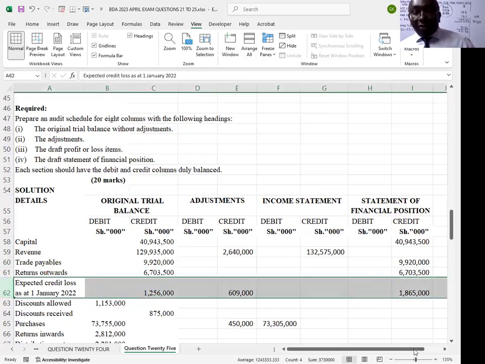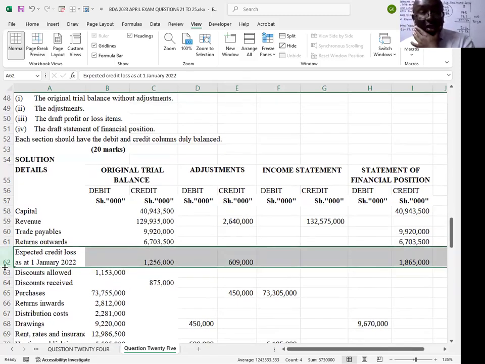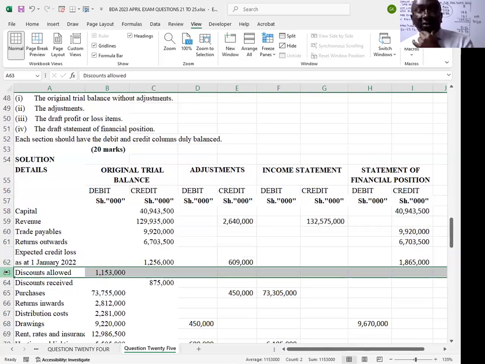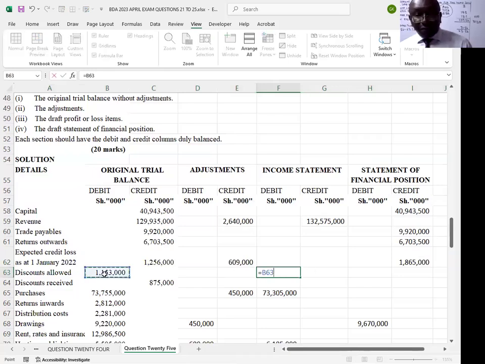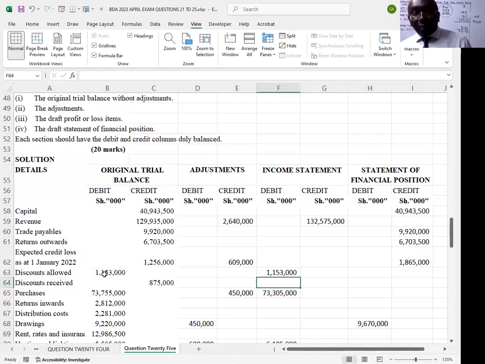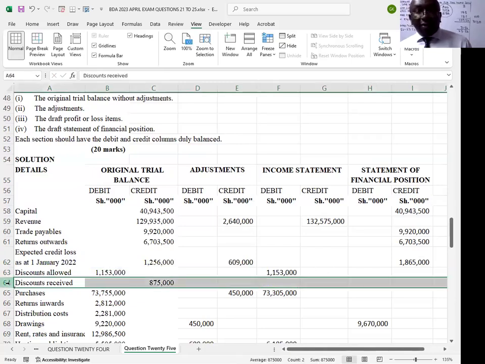Expected credit loss, we had an adjustment and we took it where it belongs. Discounts allowed. That's an expense, no adjustment. So let's bring it where it should be. It belongs to the income statement debit. Similarly, discounts received, no adjustments.